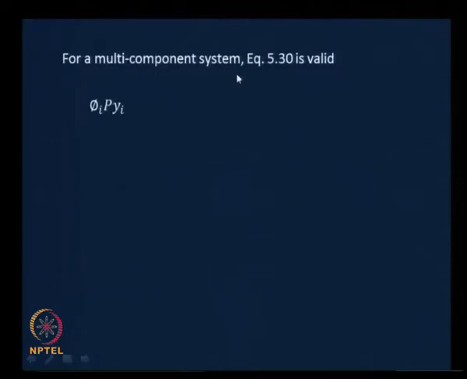For a multi component system, equation 530 is valid, which is phi I P y I equals gamma I F I x I. This is what we derived for a multi component system, the condition for equilibrium, equation 530.